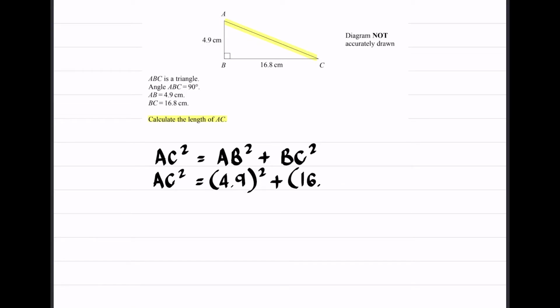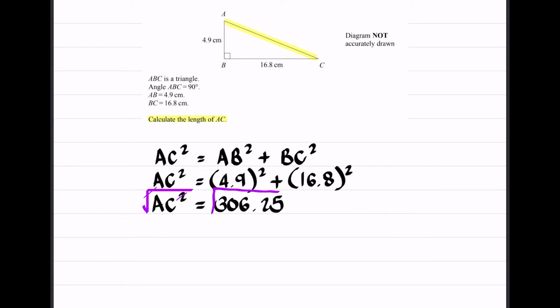So AC squared is equal to AB, which is 4.9, so that's 4.9 squared, plus BC, which is 16.8 squared. So AC squared is equal to 4.9 squared plus 16.8 squared, which gives me 306.25. But I don't want AC squared, I want the AC by itself, so that means that I'm going to square root AC squared because then they're going to cancel.